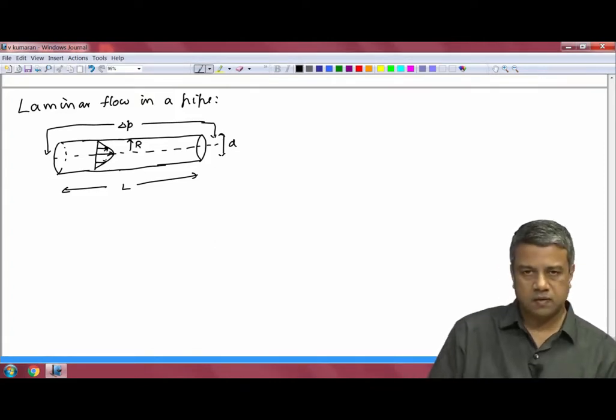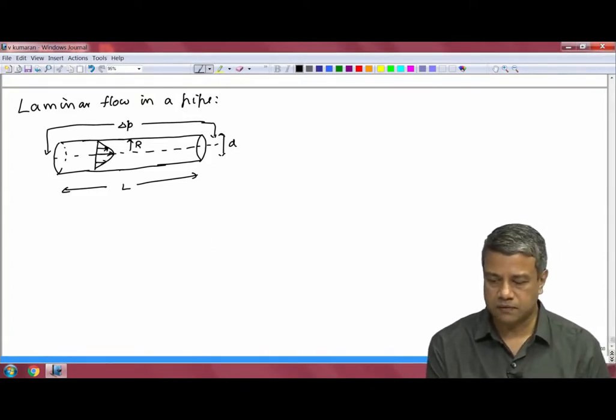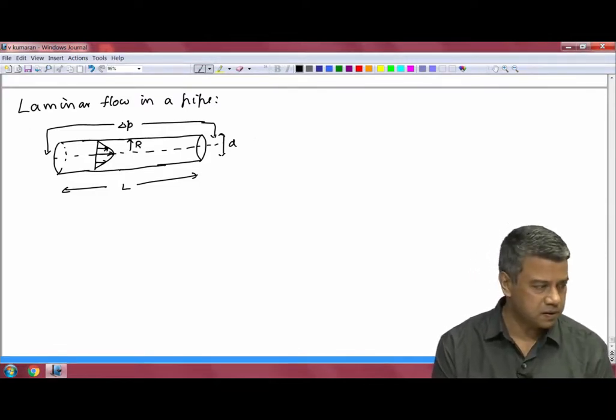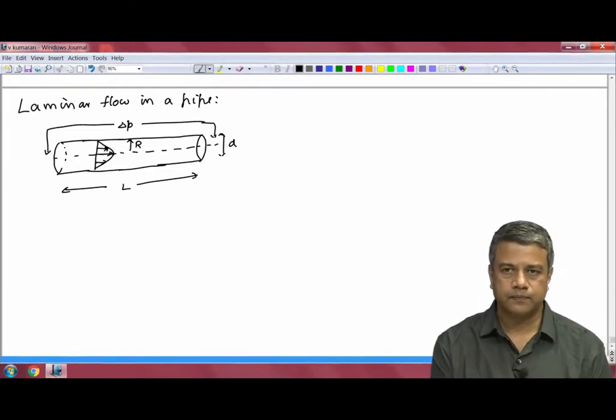That generates a velocity within the pipe, and we would like to find out what is the velocity profile due to this pressure difference applied across the ends of the pipe.